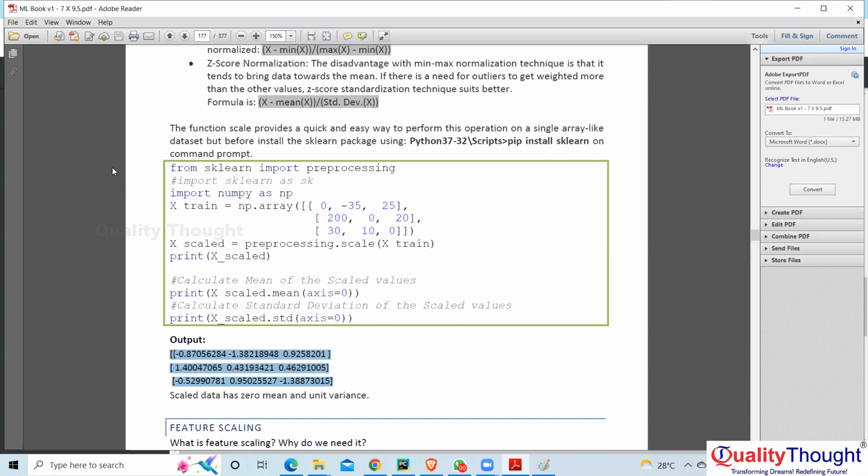Looking at the values, it is Z score. Why? What is the range of values in min-max scaling? 0 and 1 only.